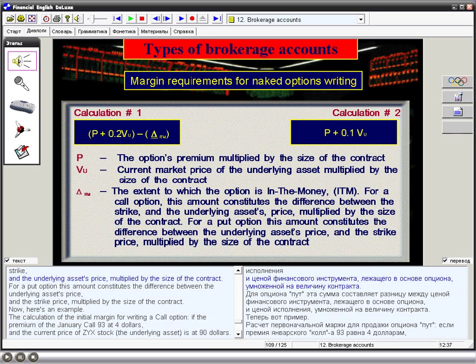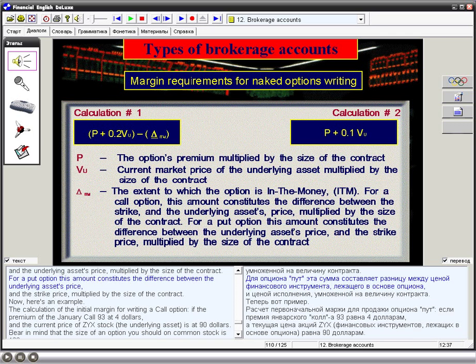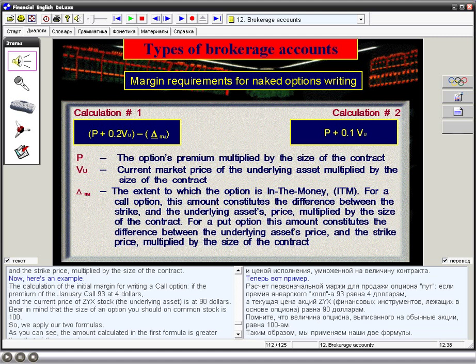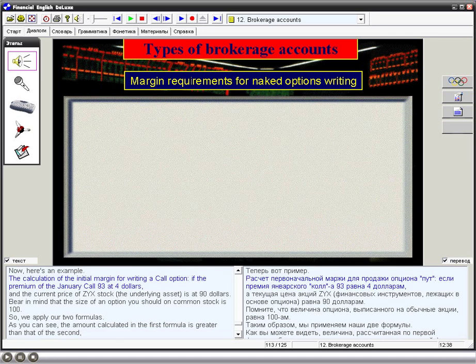Now here's an example. The calculation of the initial margin for writing a call option. We have the premium of a January call 93 at $4, and the current price of XYZ stock, the underlying asset, is at $90. Bear in mind that the size of an option contract issued on common stock is 100.